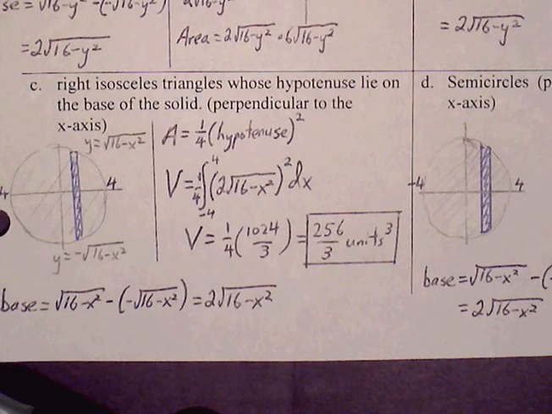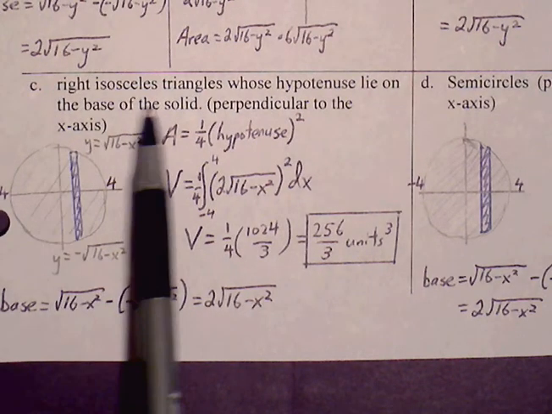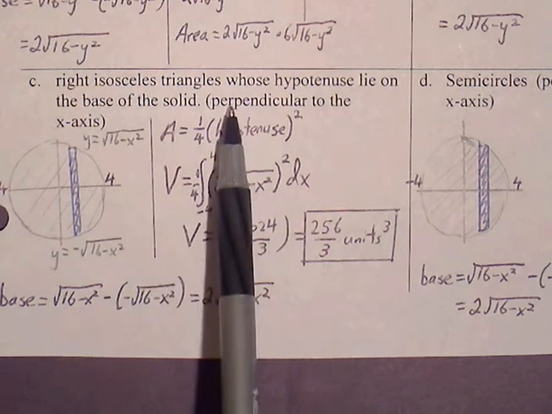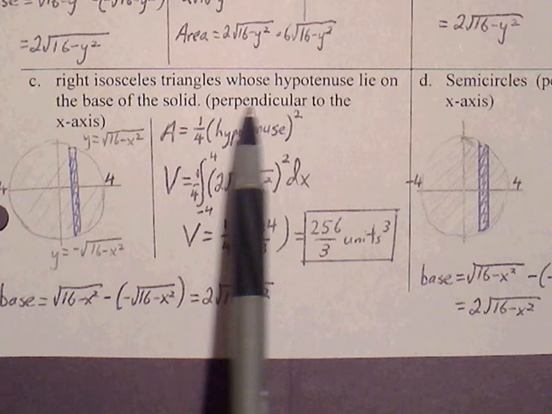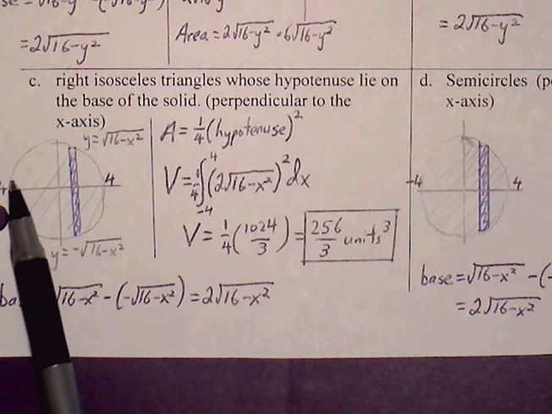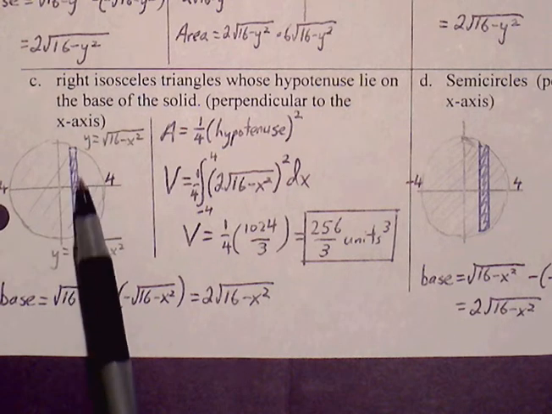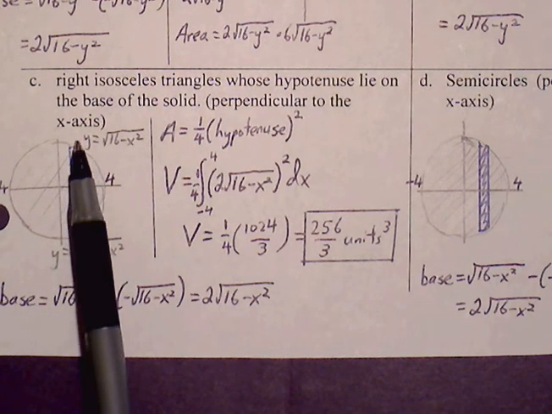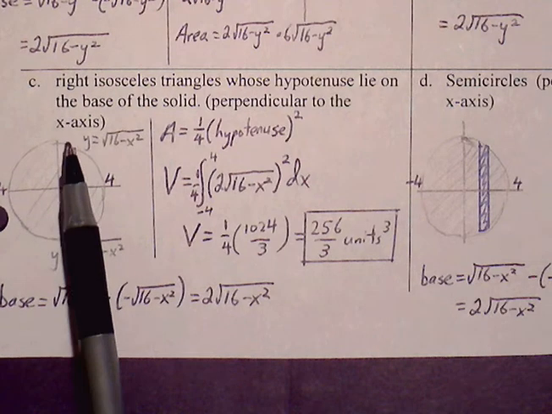Okay, part C, we have a right isosceles triangle whose hypotenuse lies on the base of the solid. But now our cross section will be perpendicular to the x-axis. So we're going to be drawing vertical, this vertical length, this vertical base. So we have to do top minus bottom.